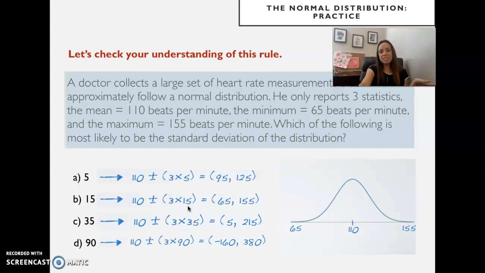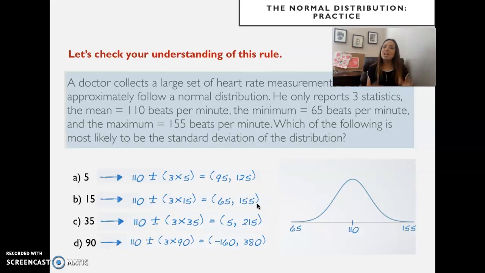And alternative D, again, would make it way broader than would be expected of a normal distribution. Oh, Paula, but what if there was like a 64 to 156? Yeah, then the question would be ambiguous. If we had other standard deviations that would give us something that's kind of close to this, a bit broader, then it could be the correct answer.